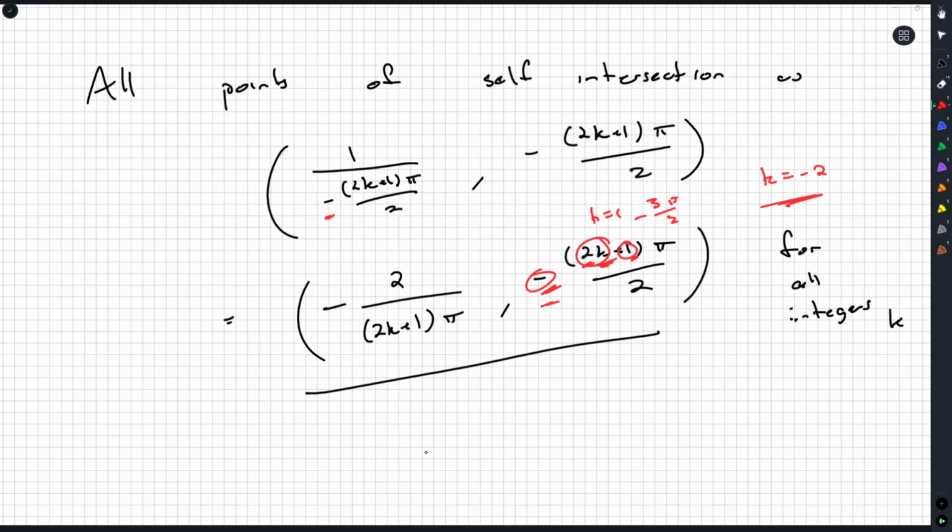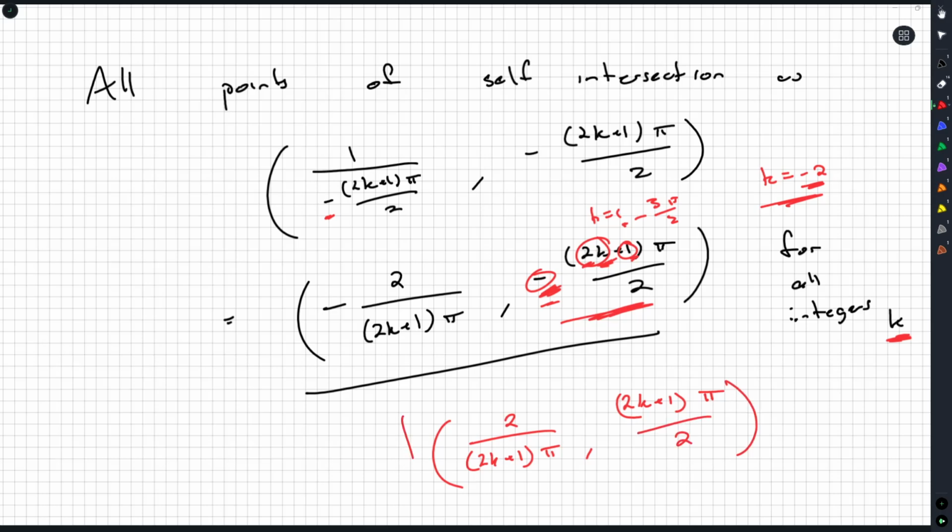And so if I was writing a slightly neater answer, I would have found a way to realize that, if you're doing all k's, then with k equals 1 you get an answer of minus 3 pi by 2, but with k equals negative 2, you get 3 pi by 2. And so you don't really need the minus sign in there. Oh, there we go. So that might be a cleaner answer, but they're both talking about the same set of points overall. Right? So there we go.